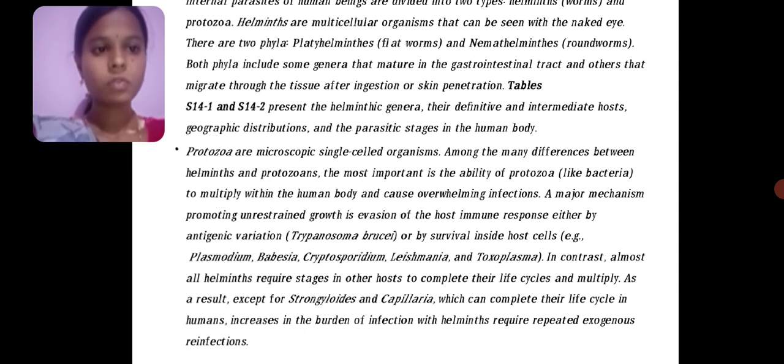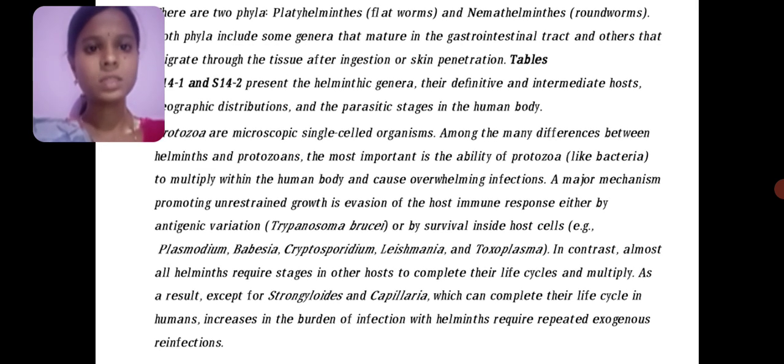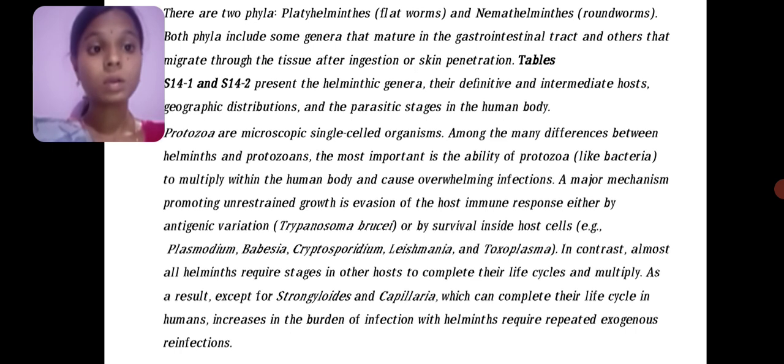This can cause overwhelming infection, with mechanisms promoting unrestricted growth. The host responds either by antigenic variation or by hiding inside the host cells, for example in Plasmodium.